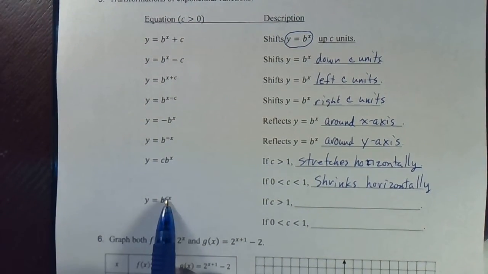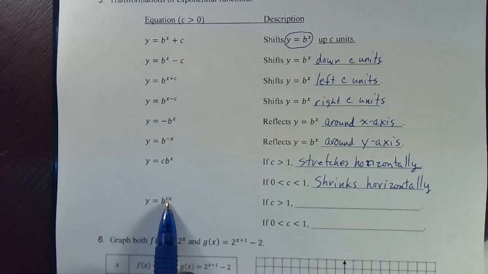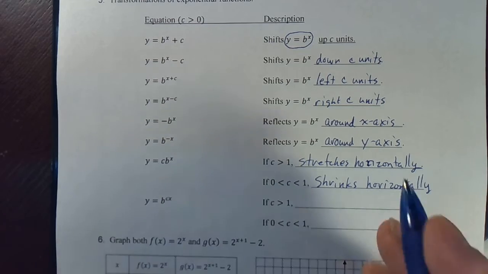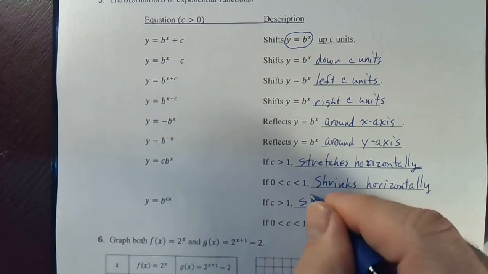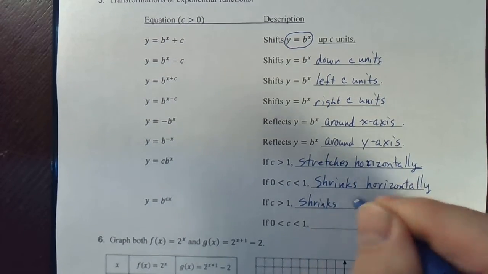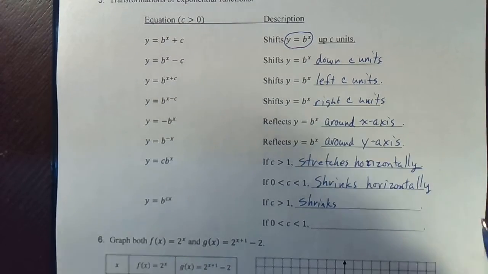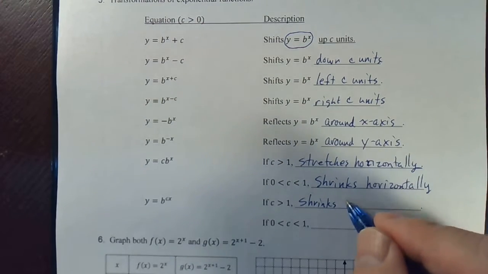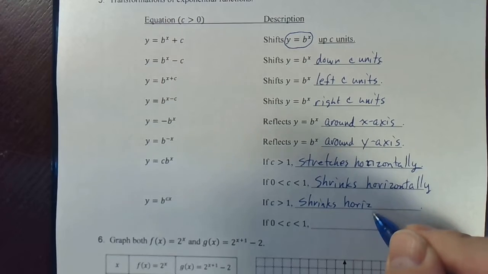And then finally, if we replace x with c of x, then again, this is another one that you might think it's the opposite of this, but if c is a big number, if it's bigger than 1, it shrinks it horizontally. Sorry about that, I'm going to have to make a change here.